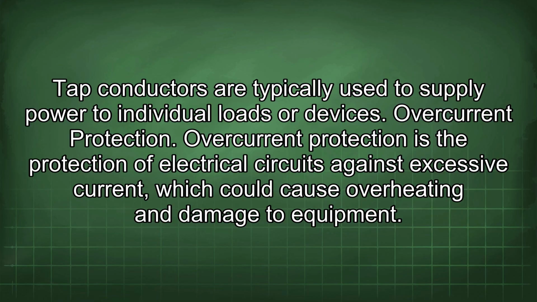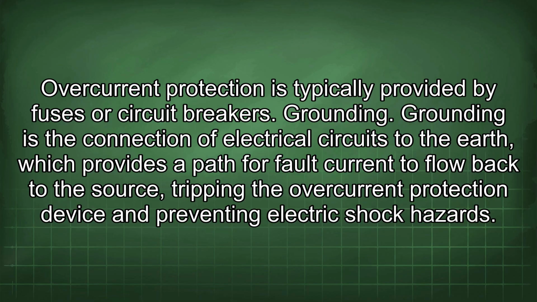Overcurrent protection. Overcurrent protection is the protection of electrical circuits against excessive current, which could cause overheating and damage to equipment. Overcurrent protection is typically provided by fuses or circuit breakers. Grounding. Grounding is the connection of electrical circuits to the earth, which provides a path for fault current to flow back to the source, tripping the overcurrent protection device and preventing electric shock hazards.